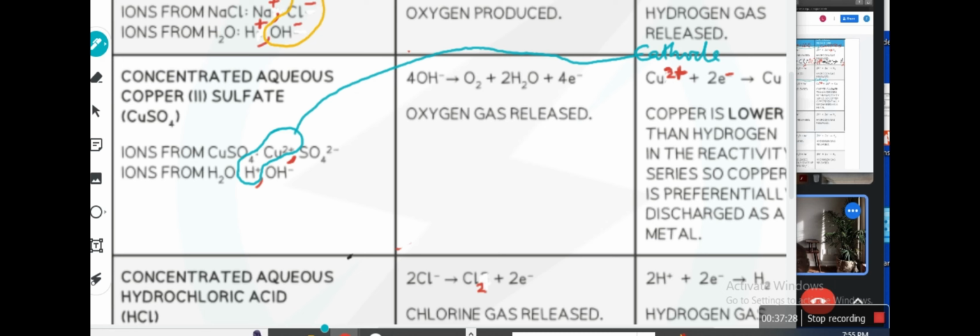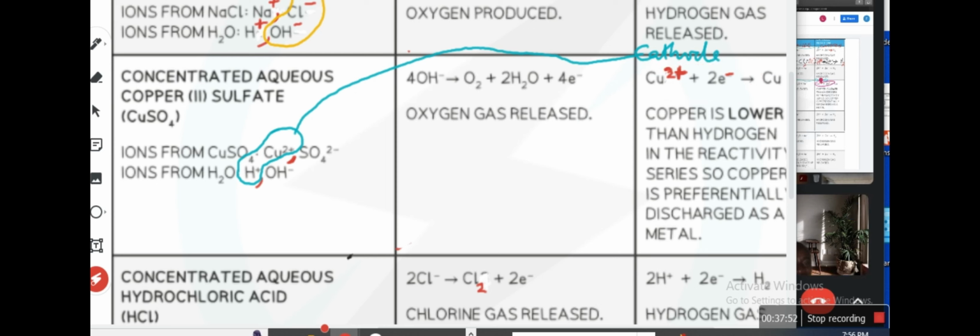But check out which one was discharged based on the equation we have here. Between copper and hydrogen, which one was discharged? You should be looking at what I'm circling.